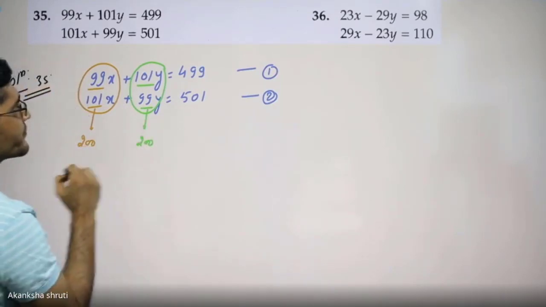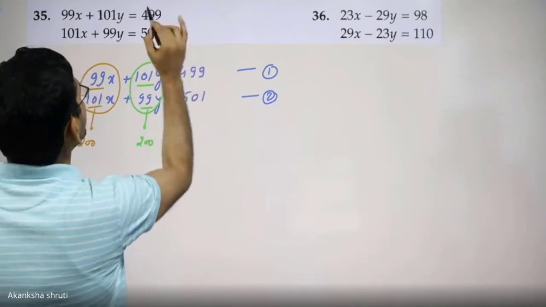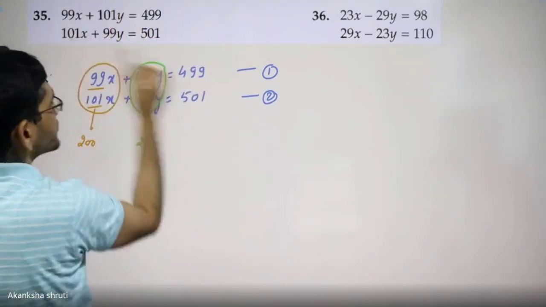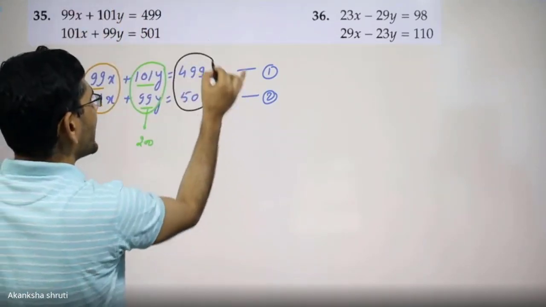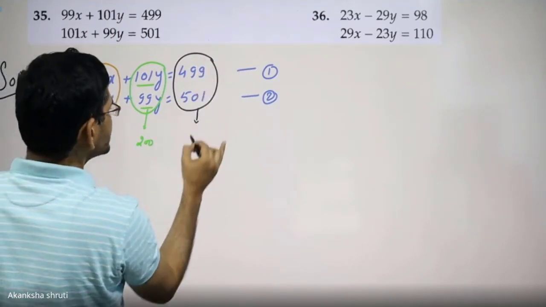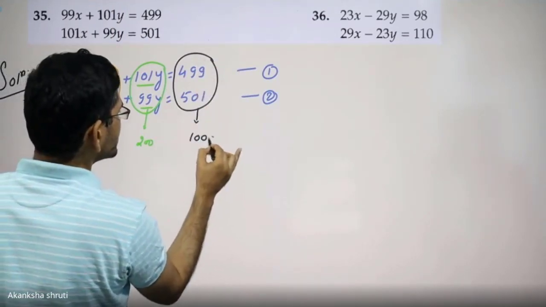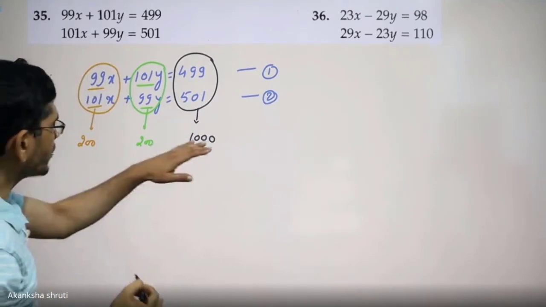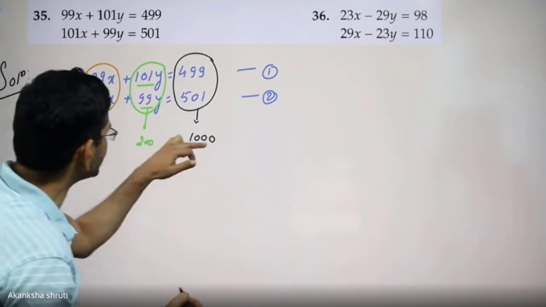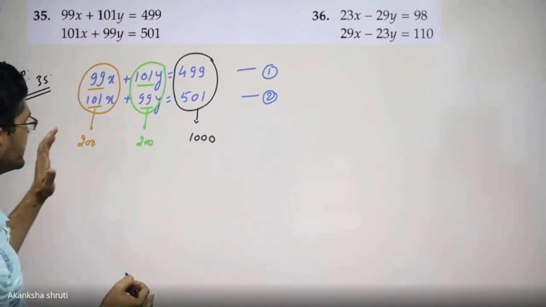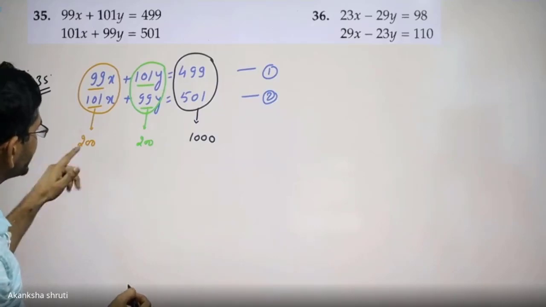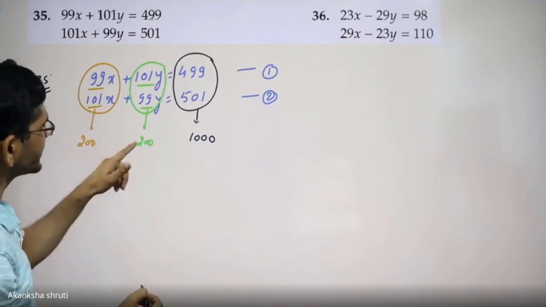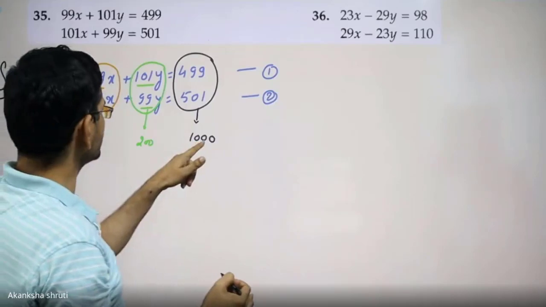Okay. And also, if we are adding the right-hand sides, it is going to give us 1000. And this 1000 is very easily divisible by this coefficient. The new equation we get on adding is 200x plus 200y, and the right-hand side is 1000.